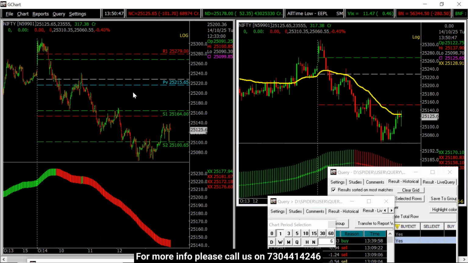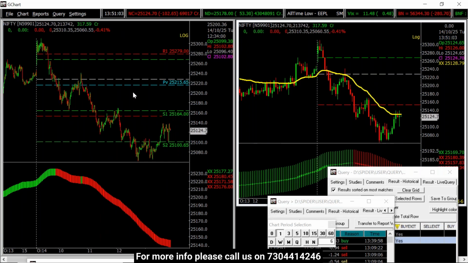Whenever the bigger moves come, you will be part of the game. As we know in trading, if you can earn 300 to 400 points in Nifty over 20 days, then automatically you are going to be a successful trader in terms of wealth generation.